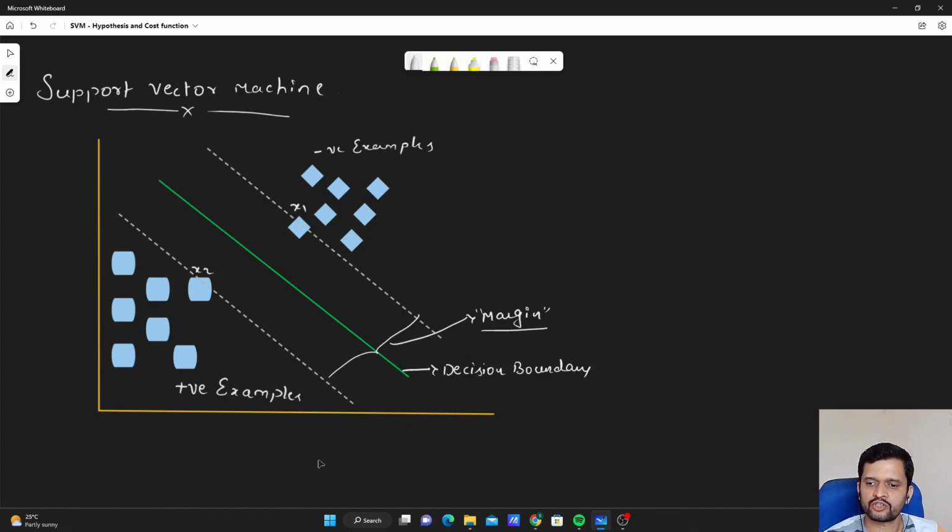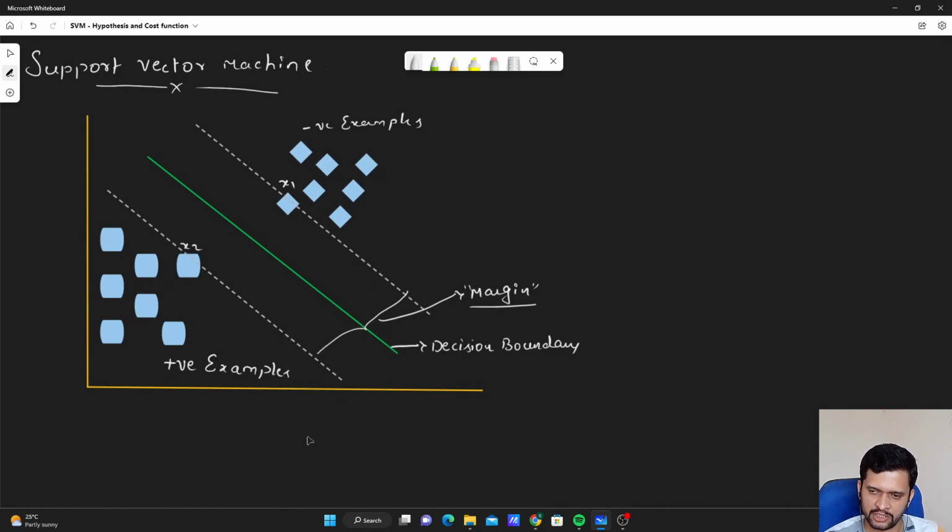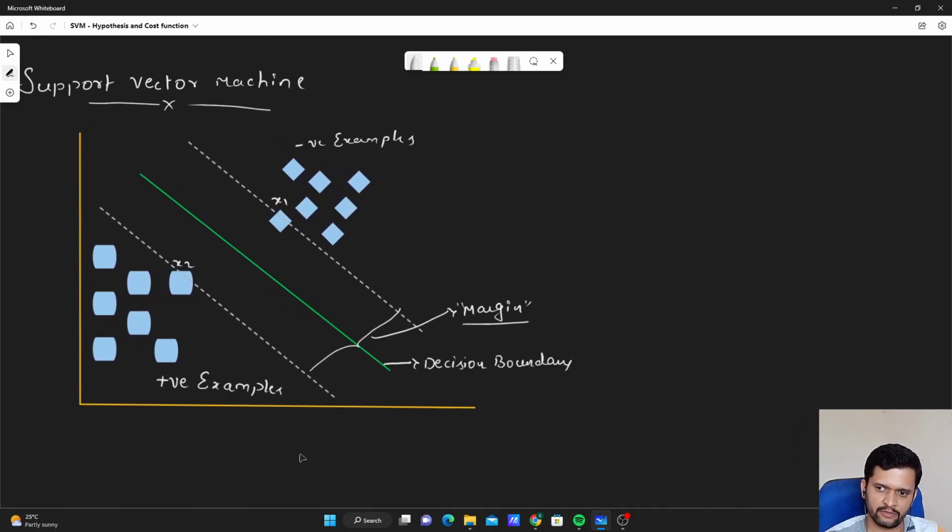So how does it work? If you have seen my logistic regression video, we can understand that for this decision boundary, theta transpose x, if we make this line pass through the origin, then in the equation y is equal to mx plus c, this c, the intercept, will be 0.